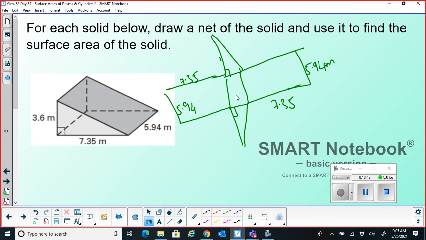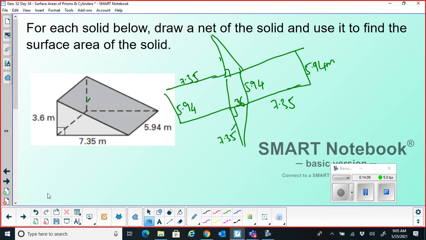There is only one rectangle of width 3.6 and this is 5.94. And the height of the triangle is same as the length of the rectangle, which is 7.35.